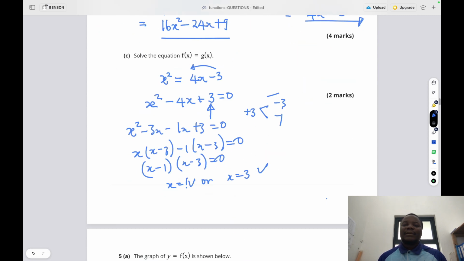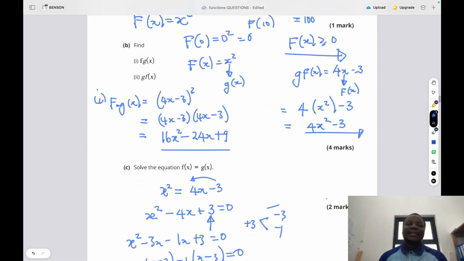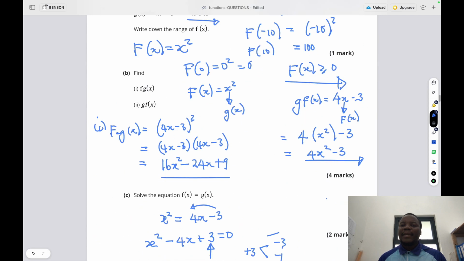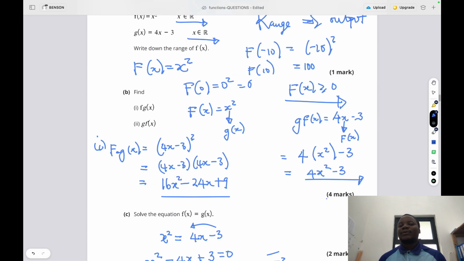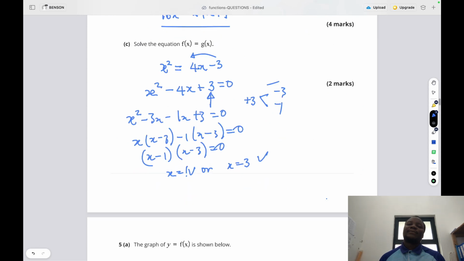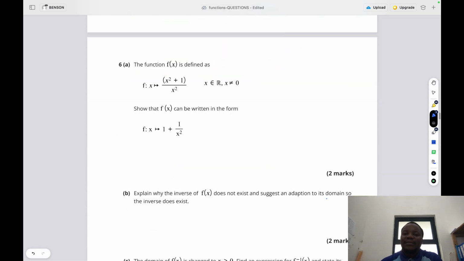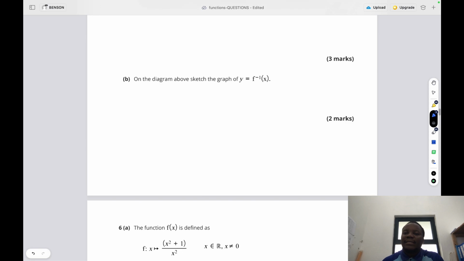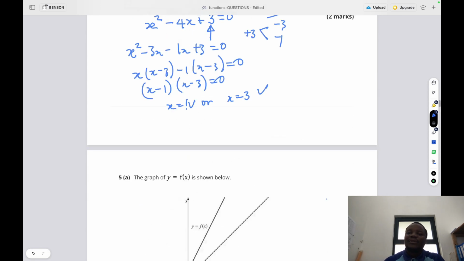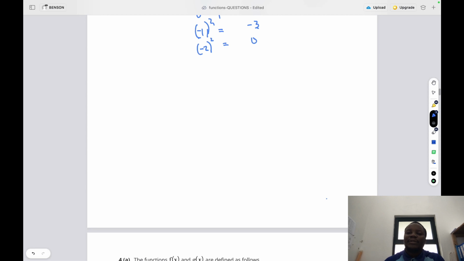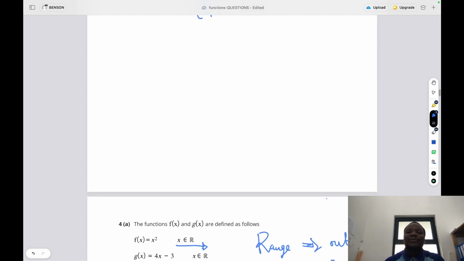Now before I end the video, I just want to emphasize one concept that is very important on functions. I will just talk about it in a brief space. When you have functions and you are asked to do the range of a quadratic equation, it's something that is actually very, very simple.